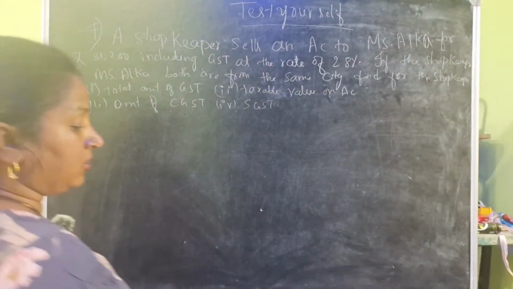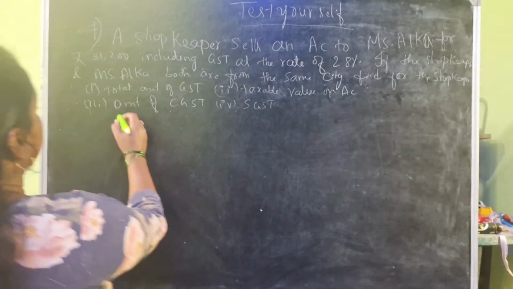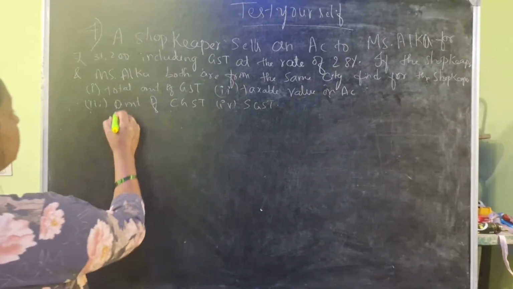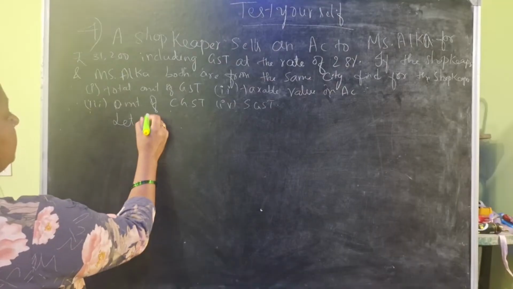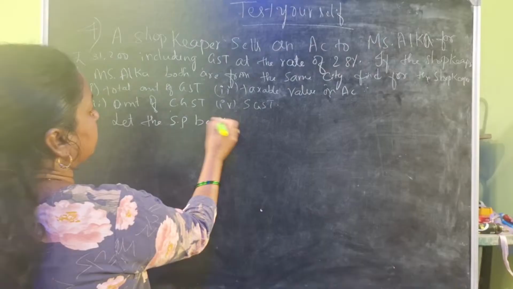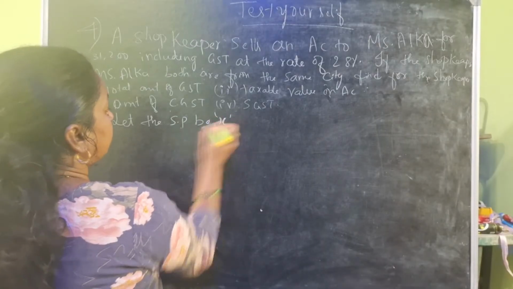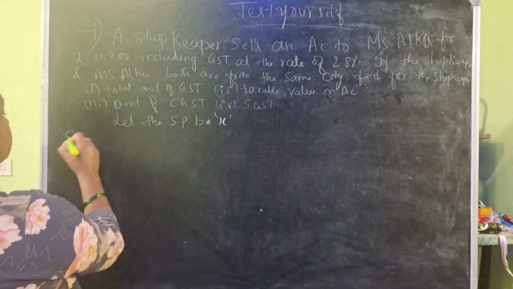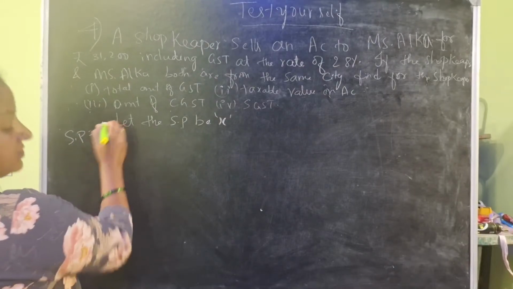So according to the question, we don't know the selling price, so let the selling price be X. That means selling price is equal to X.